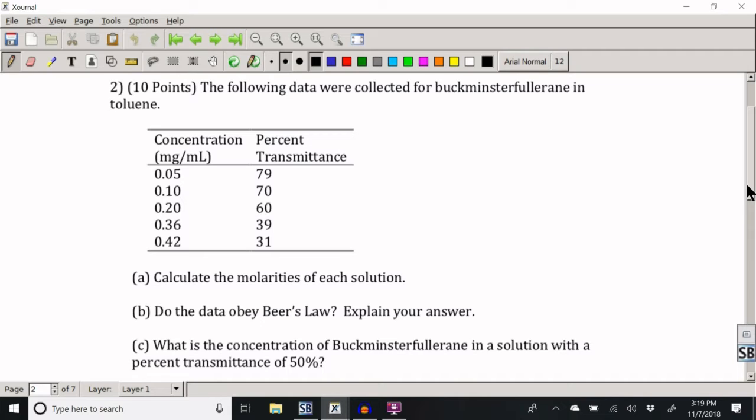This is a strange problem because most problems of this type in this day and age are not going to appear this way. How do I change percent transmittance to absorbance? That's one of the things that I have to think about here. What's the equation that relates the two?